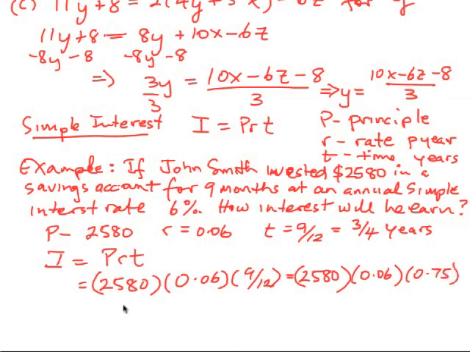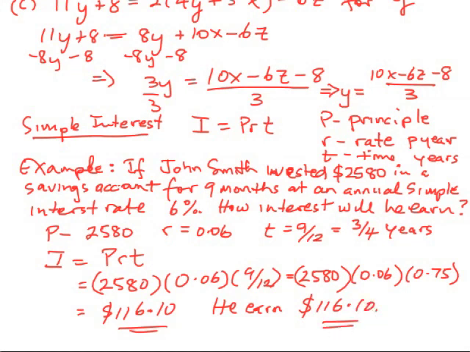When you calculate that, this will be $116.10. And that's how much interest he would get. So he would earn $116.10. If only we could, right? Okay, so that's how we do it.